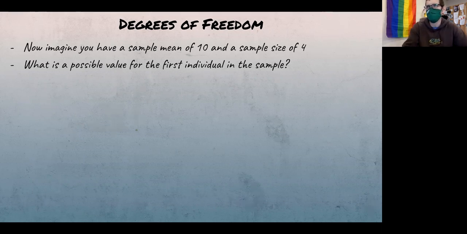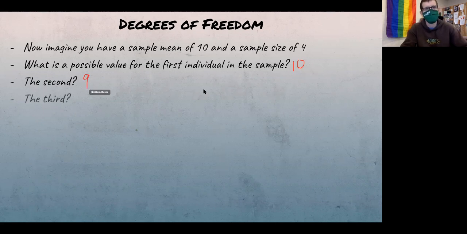Keep it whole numbers to make the math easier. But what is a possible value for the first individual in our sample? 10. Maybe the second one has a value of what? 9. And the third one has a value of what? 11.